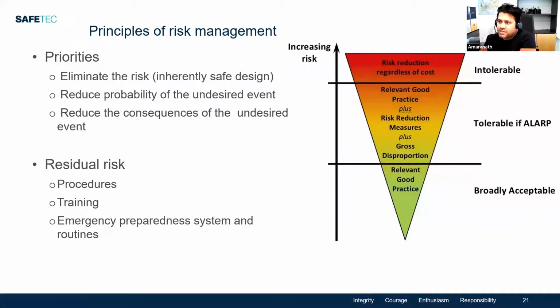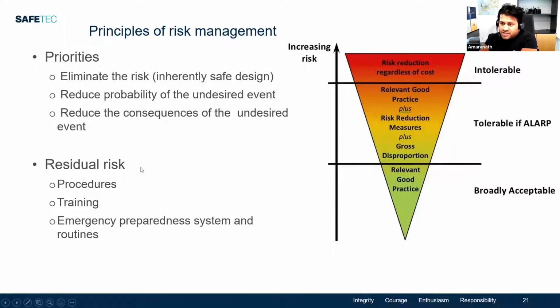So we need to reduce the risk of the accident. And then we have reactive measures, like if we have an accident, we need to reduce the consequences. For example, designing better escape ways and a better emergency preparedness system can reduce the consequence of a given accident.